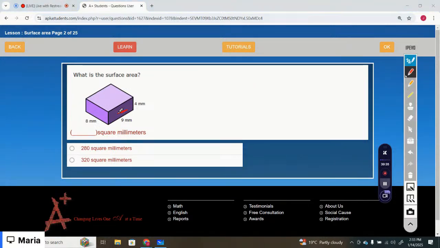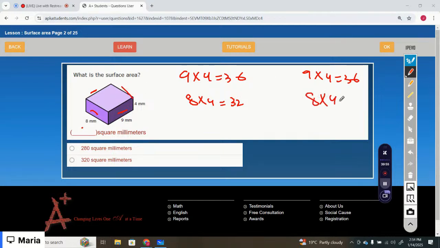So I'm going to start with this face, that is 9 times 4, 36. So you have same face on this side, right? Now look at this face, 8 and 4, that is 8 times 4, that is 32, and you have same face on this side.